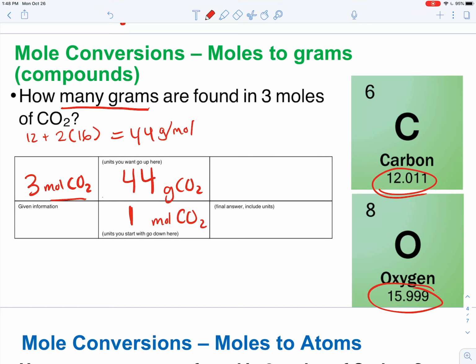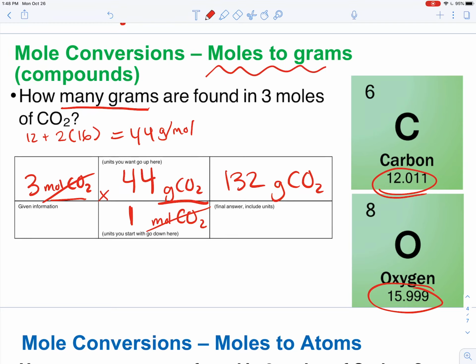Notice that's exactly what we're putting in here: 44 grams for every 1 mole of carbon dioxide. To do the math, we simply multiply 3 times 44, and we get a final answer of 132. These units cancel out, and we're left with grams of carbon dioxide.